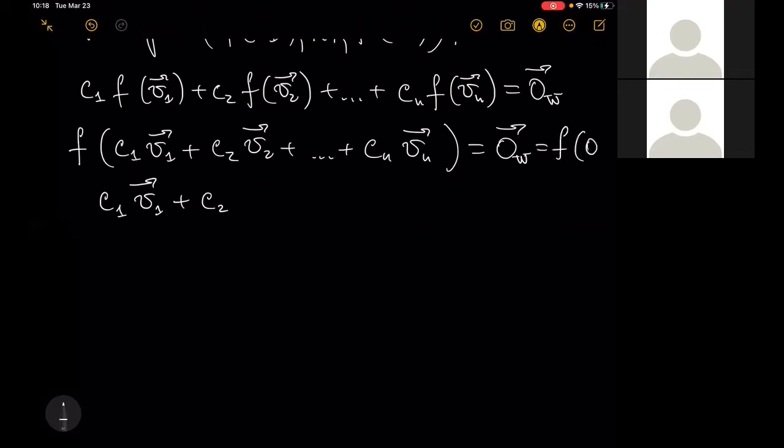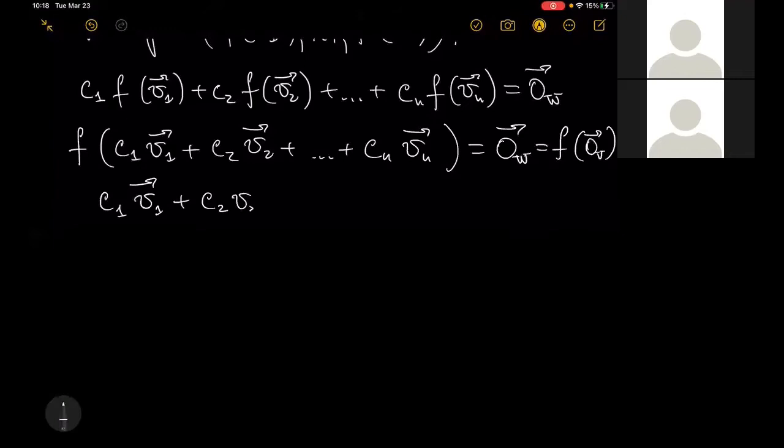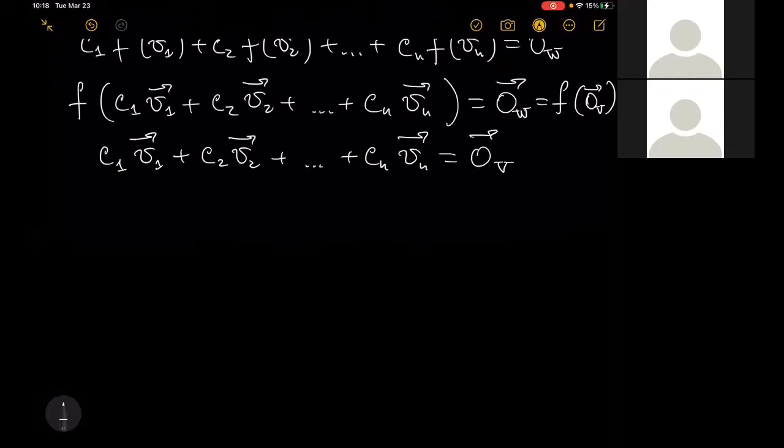Here I can say that this, because it's one-to-one correspondence, is equal to 0 vector. But these vectors, they form a basis in V capital, right? Then from here, I'm getting that all C's are equal to 0.